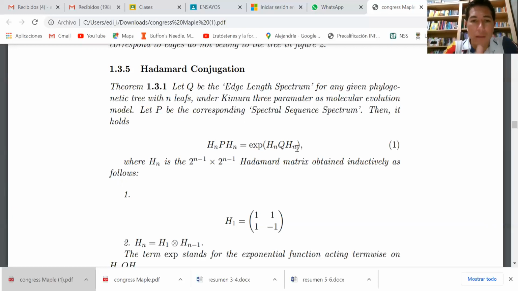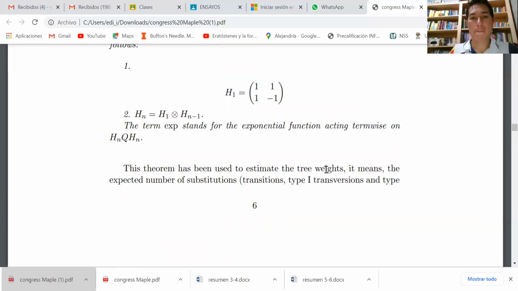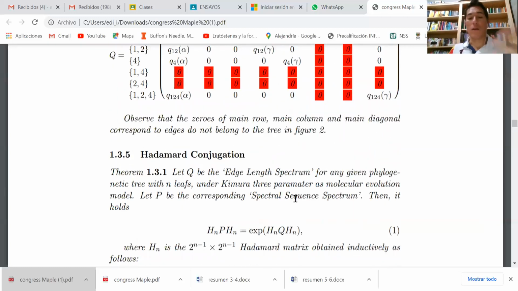This work I want to show you has to do with some procedures that were written to run on the computer algebra system Maple that can help to obtain the matrix P. And this matrix P is very important because according to this Hadamard conjugation, we could infer the expected number of substitutions on edges for the phylogenetic tree, okay?